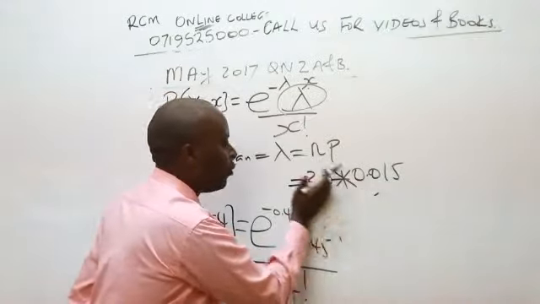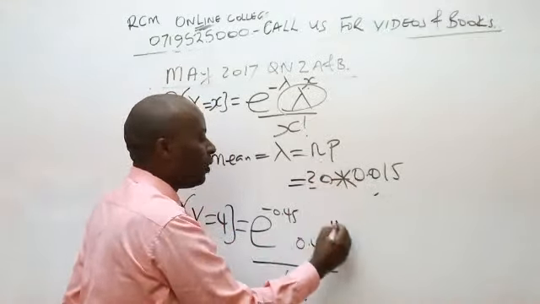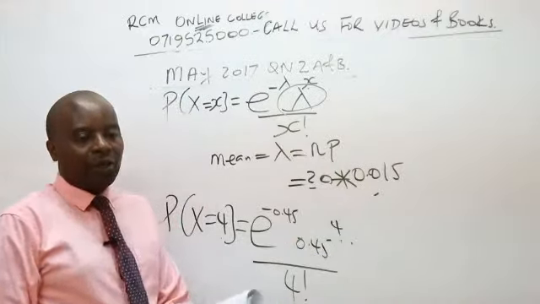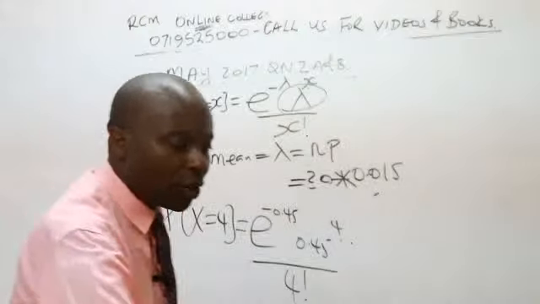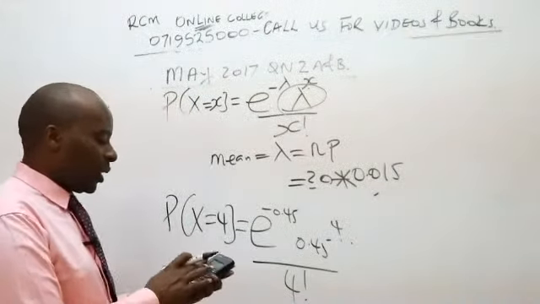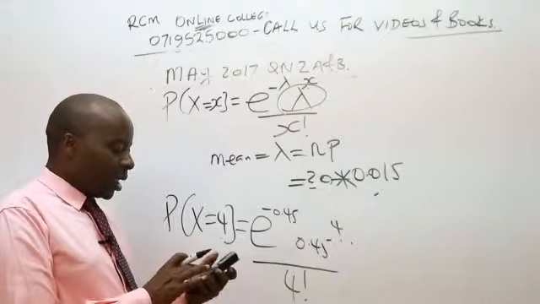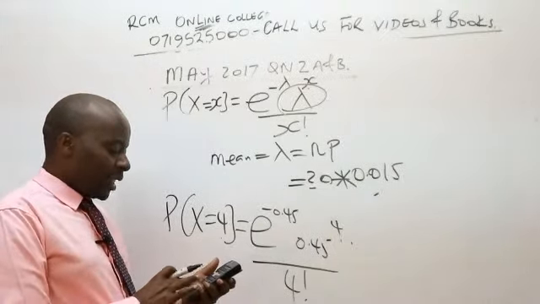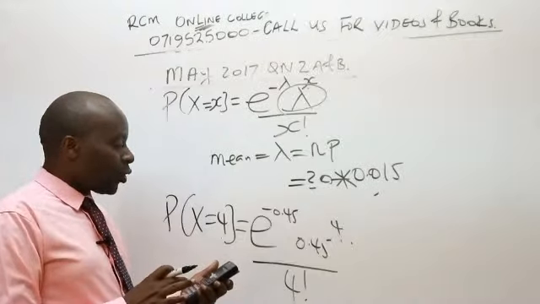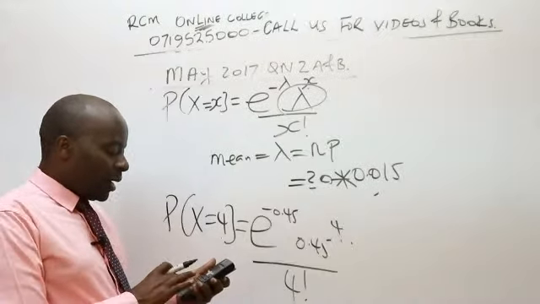Right away, what you will need, ladies and gentlemen, is your calculator. E raised to minus 0.45 times 0.45 raised to power 4, divided by 4 factorial.